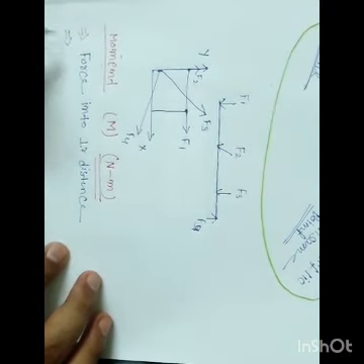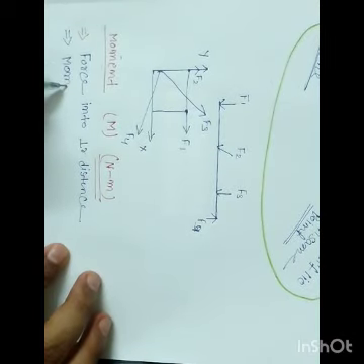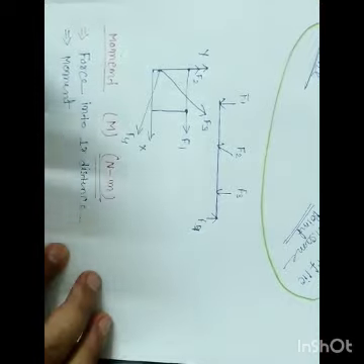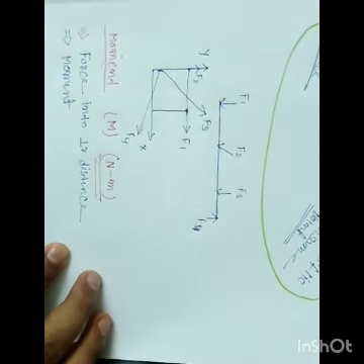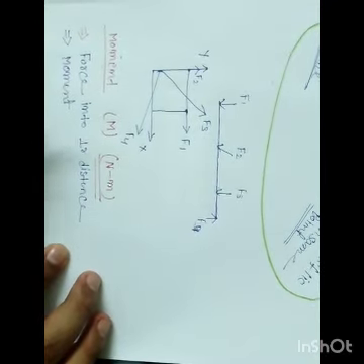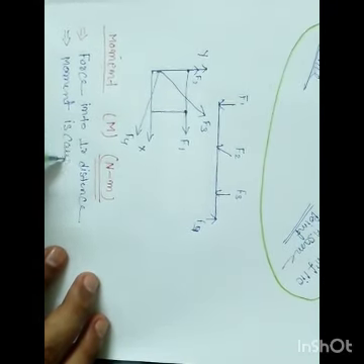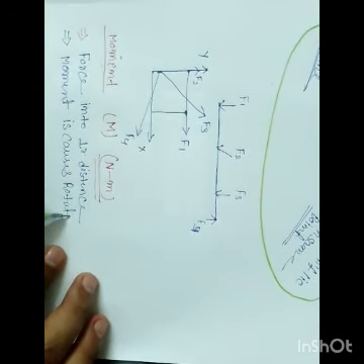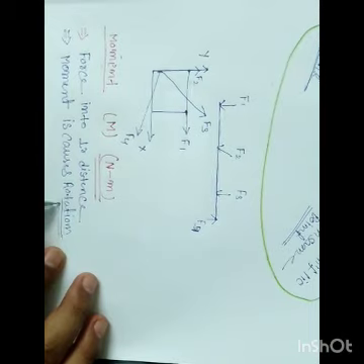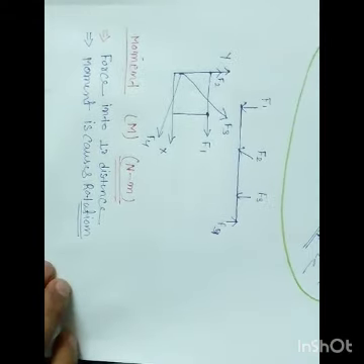Or you can make one more point, that moment causes rotation. If any body is having rotation, that rotation is because of the moment only. A simple example of moment causing rotation is the opening and closing of a door.